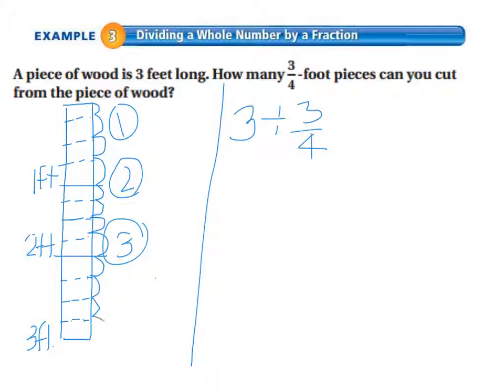And 1, 2, 3/4, that's 4 pieces. So by drawing the model, I can see that I could cut 4 3/4 foot pieces from this piece of wood. My answer would be 4 pieces.